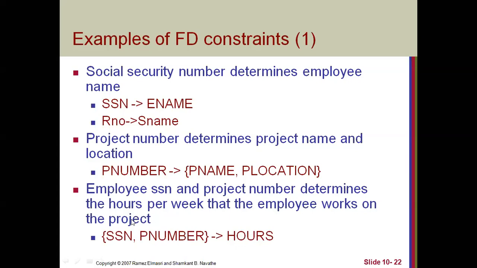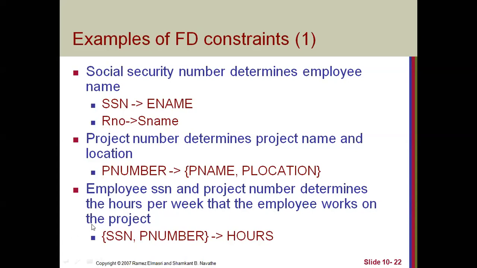So in case of the table called works on, works on table is nothing but, it's not a master table. Works on is a transaction table which gives us information about which employee works on which project and for how many hours.